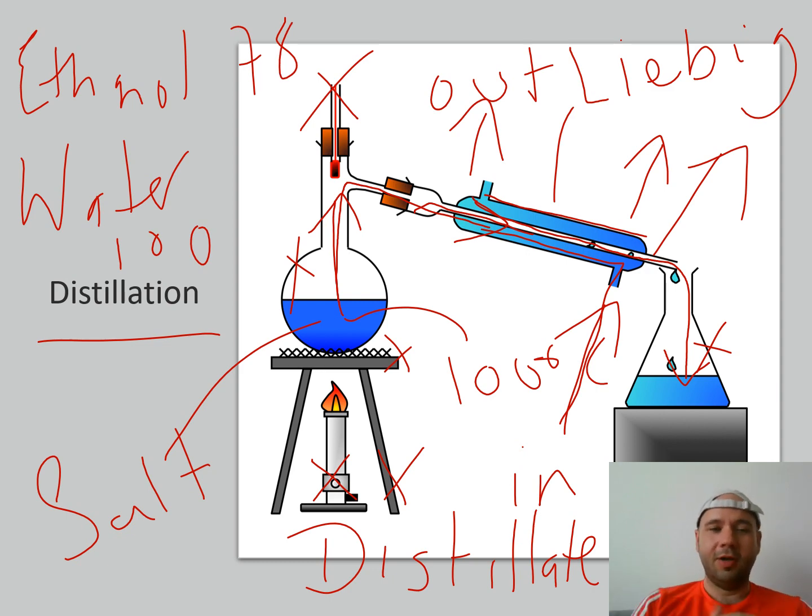So they're both colorless liquids. They've been placed into the flask. What we would do is to heat the mixture up to 78 degrees. What would that do? The ethanol would evaporate at 78 degrees, go down the Liebig condenser, and form the distillate. The water would remain behind in the flask.